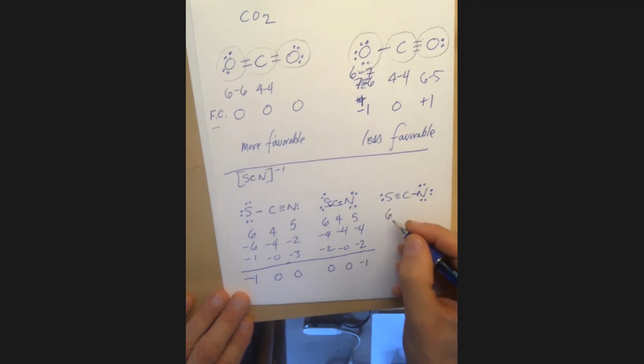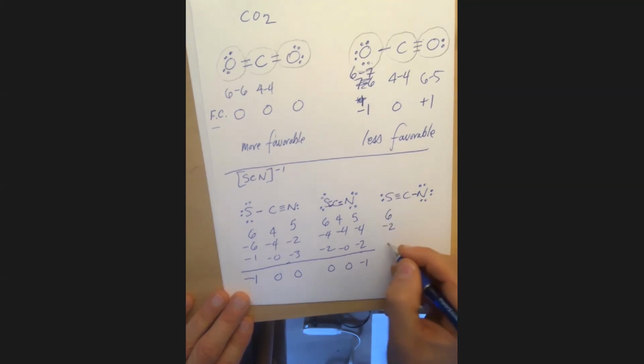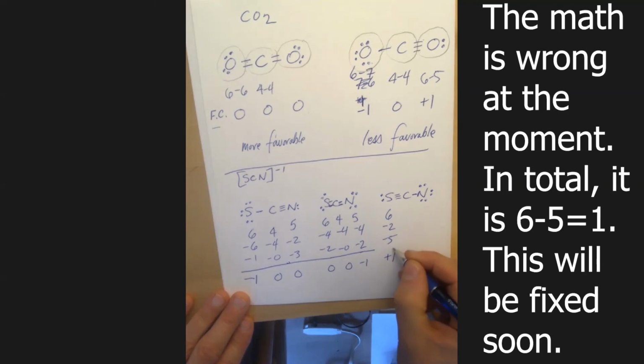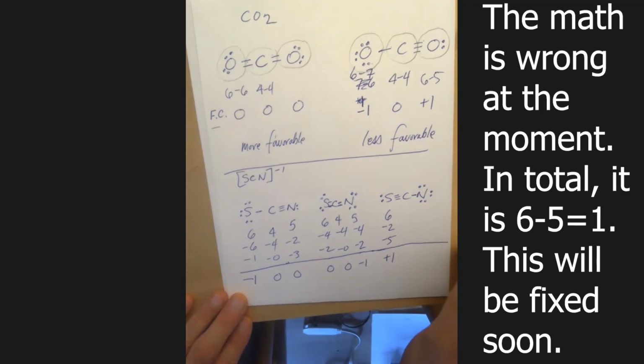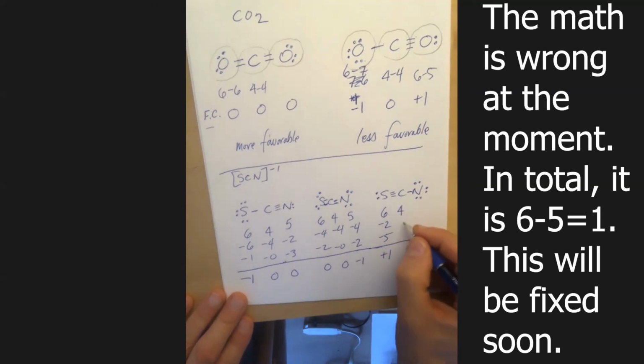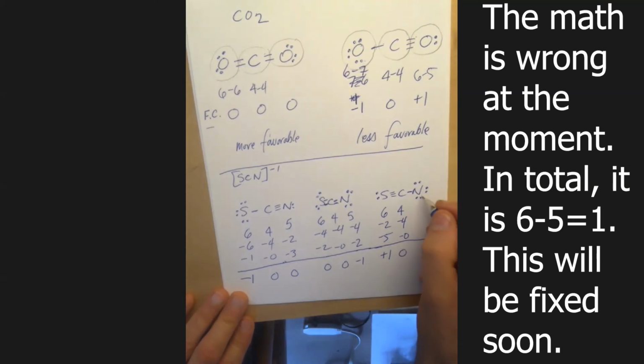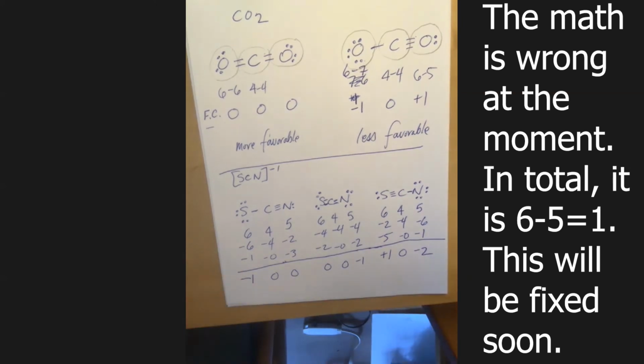And 6 minus 2 minus 5 gives us plus 1. And carbon again is 4 minus 0 gives us 0. And here we've got 5 valence electrons, minus 6 for the lone pairs, minus 1 for the bonding pair, gives us a minus 2.